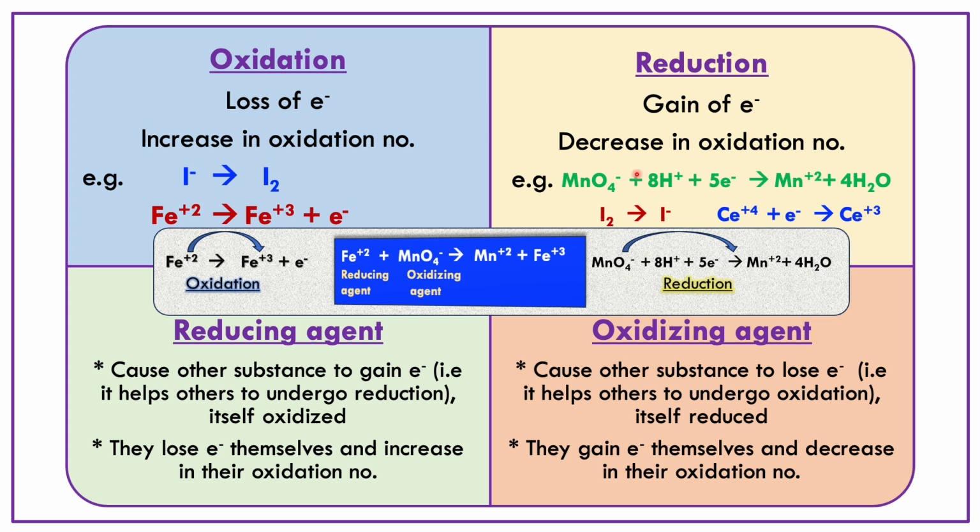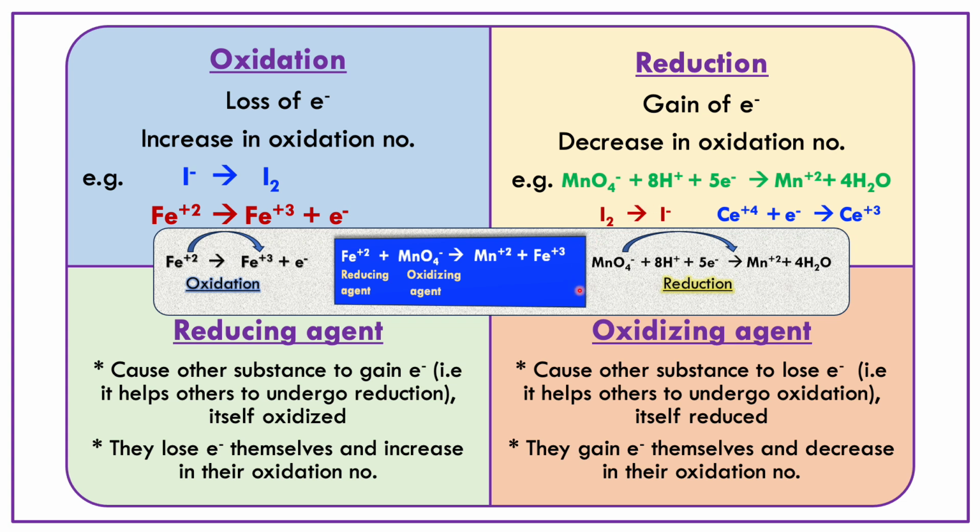Now this we can understand from the reaction given for the reduction reaction. Here, iodine we have taken gives iodide ion by gaining the electron. So I2 plus electron gives iodide ion. So itself it undergoes a reduction reaction.